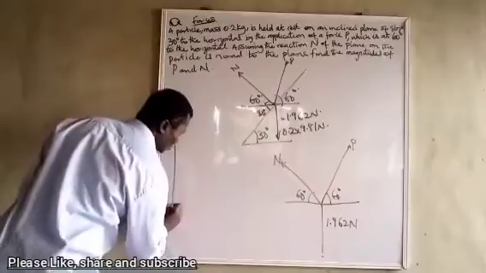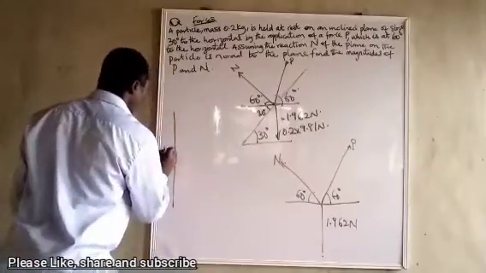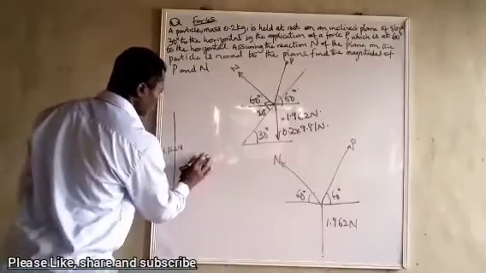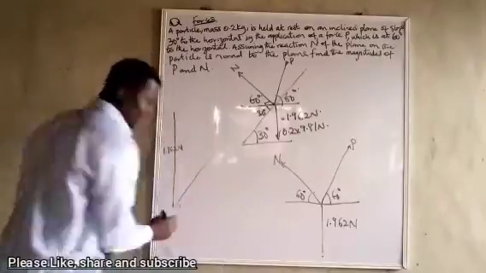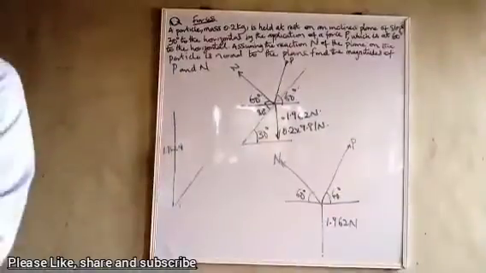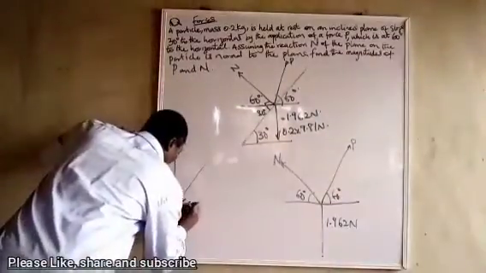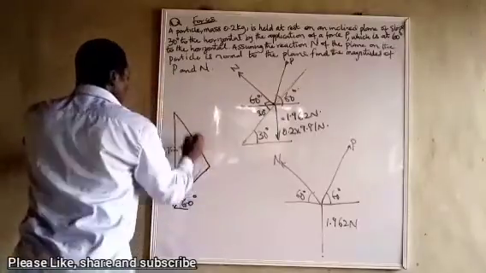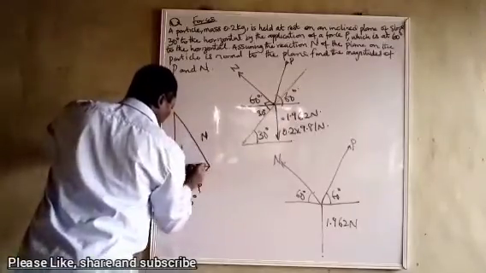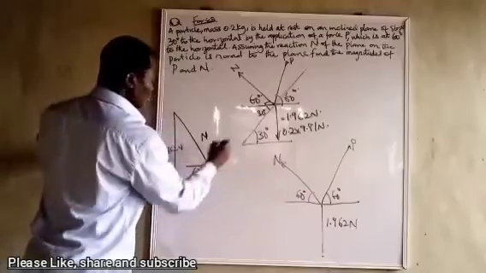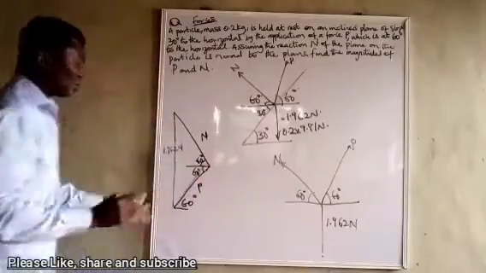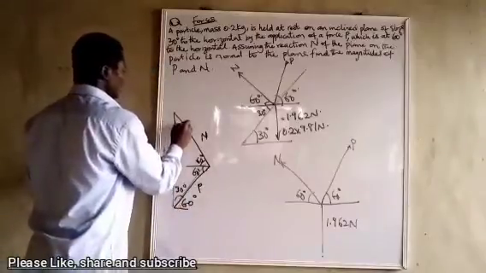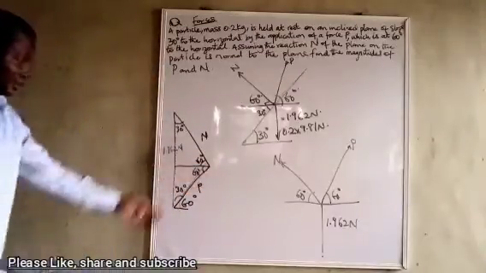So we have something like this. This is the weight, 1.962 Newton. Then this is P, and this will be 60 degrees. This will be 60 degrees. And from here, N goes like this. This is P, this is N. So this place will be 60 degrees, alternate angles. So this one goes like this, 60 degrees. So you can see this place is 30 degrees, and this place will be 30 degrees. So we have isosceles triangle situation.